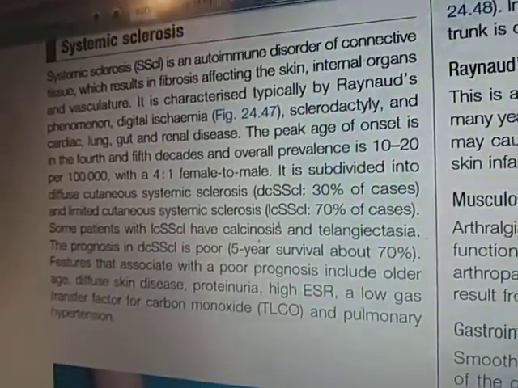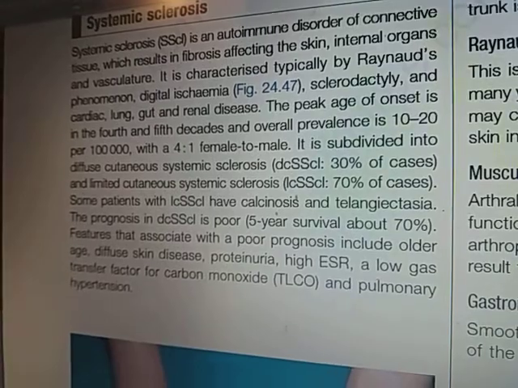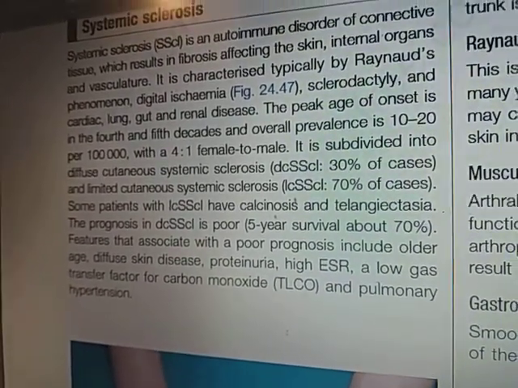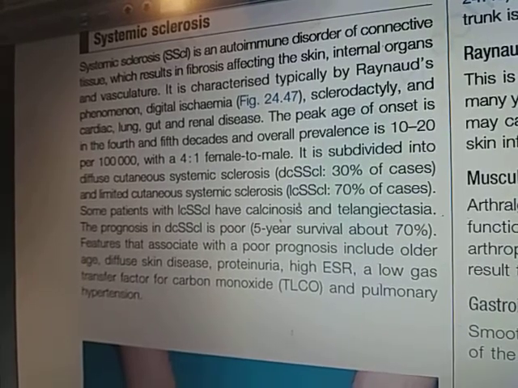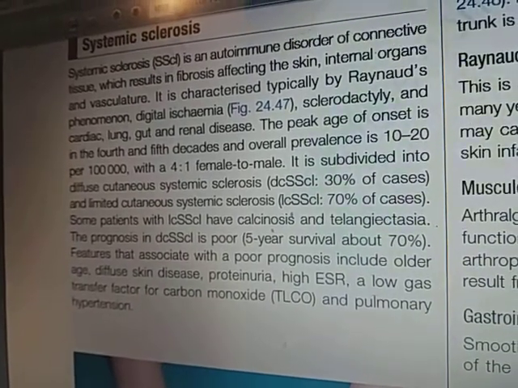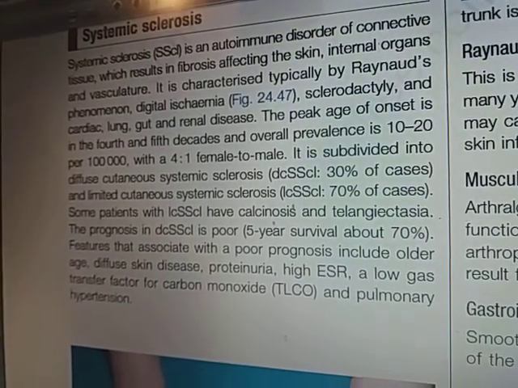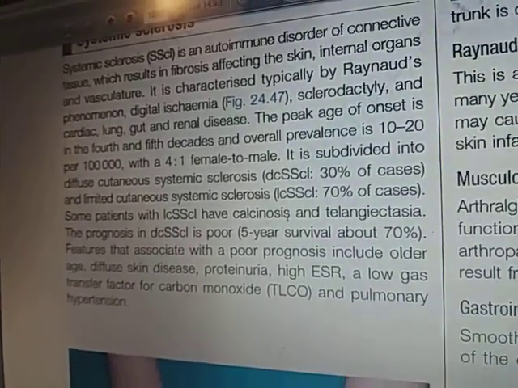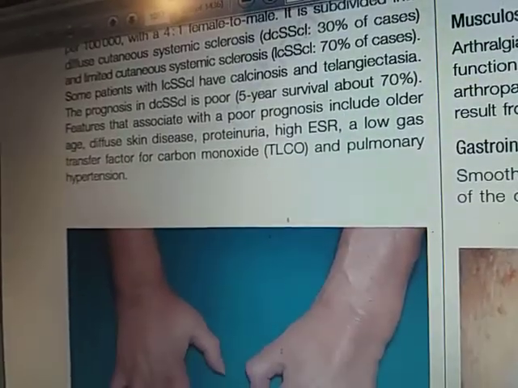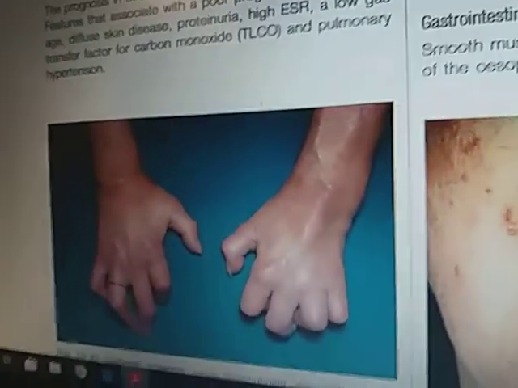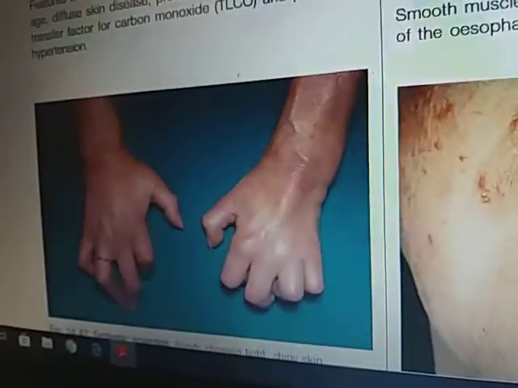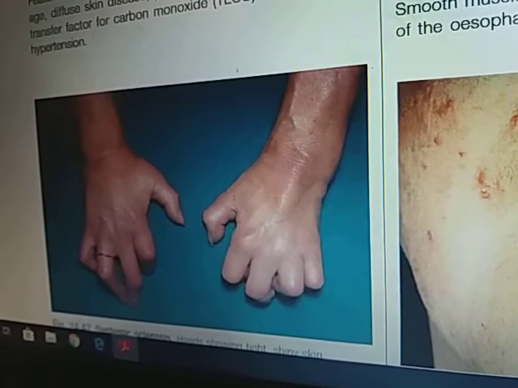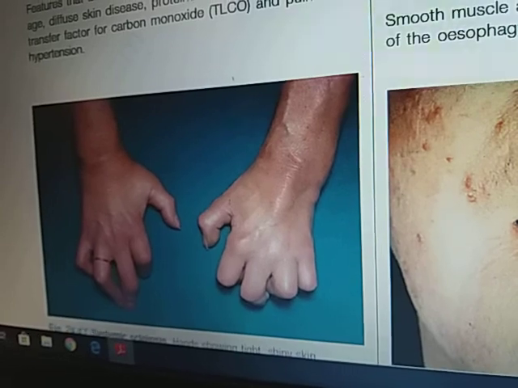Clinical features of systemic sclerosis: skin thickening, dry skin, taut and shiny skin, microstomia, small mouth, beak-like nose, telangiectasia, calcium deposits in the skin and soft tissues.